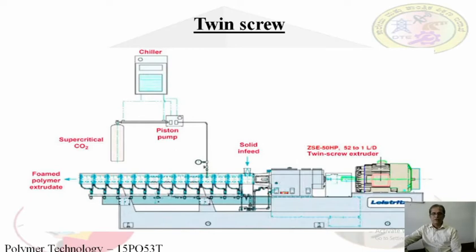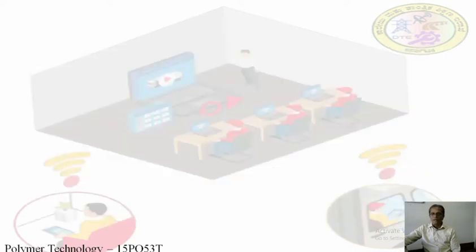This type of twin screw extruder is used for producing the foamed polymer. So the extrudate is a lightweight one, and of course it is what we call the foamed type.